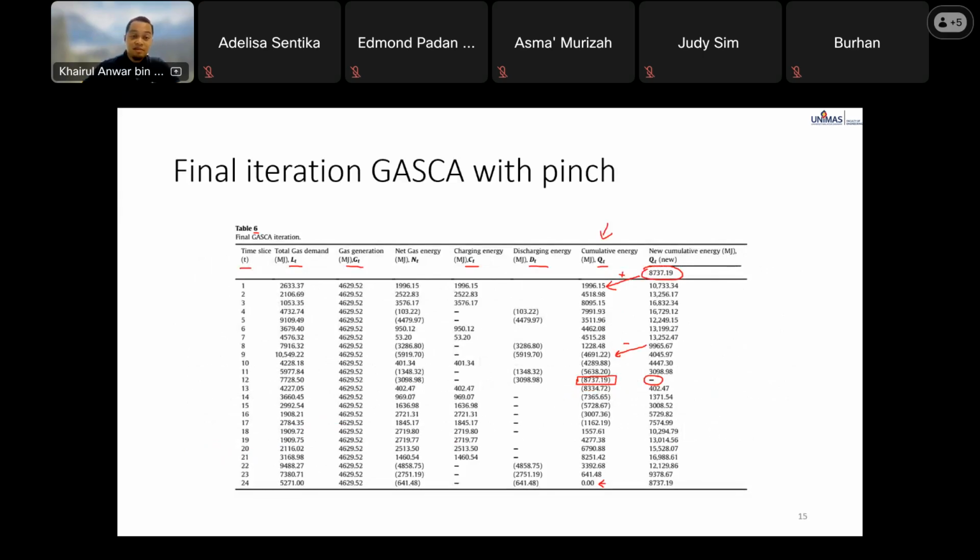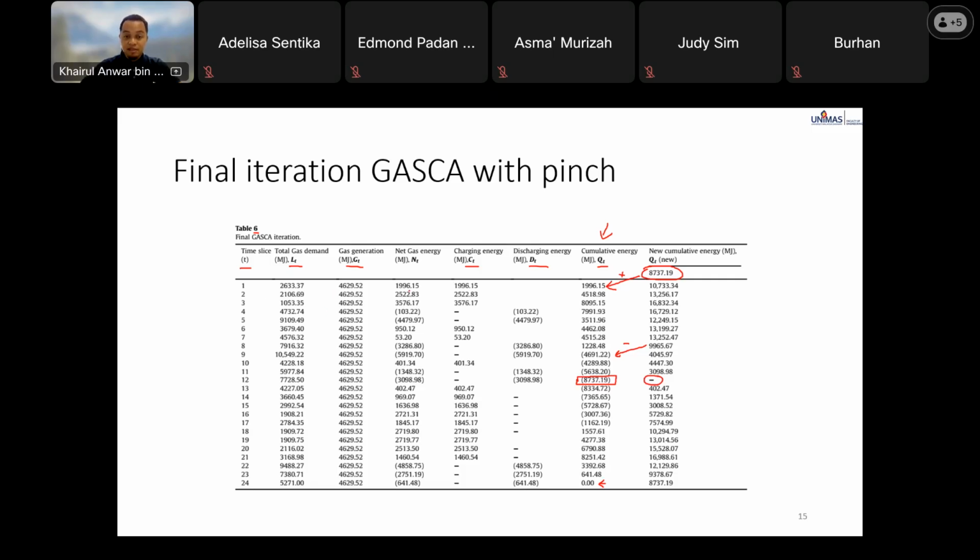So in table 6, the GT reduced to 4629 based on equation 9. So we need to recalculate all. So we try calculating one first. NT is equal to GT minus LT: 4629 minus 263.